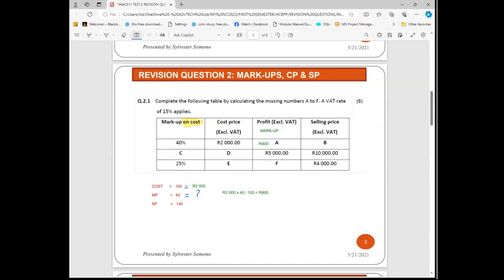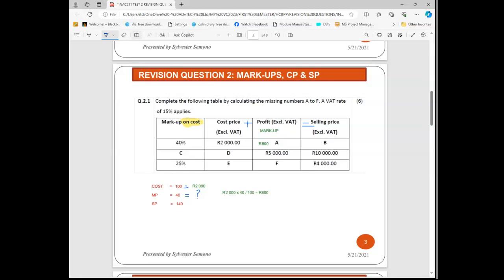For B there's no need for us to do this, but I'm going to ask you a question to find B the way I found A, but without complicating things. By looking at this, we can find the selling price. How can we find it? Easily, we can just say 2000 minus 800. Check the formula. Oh, it's plus.